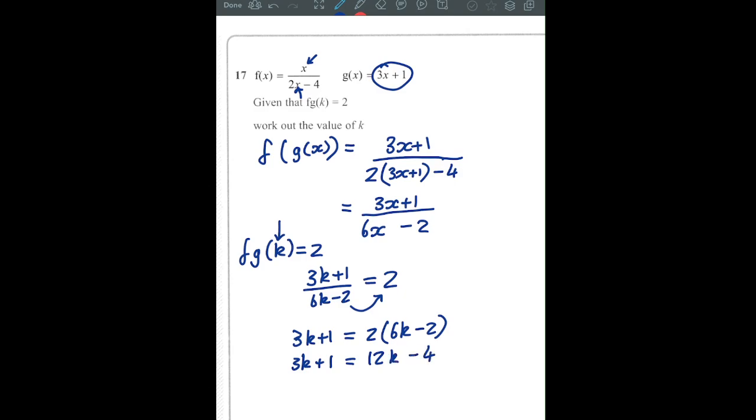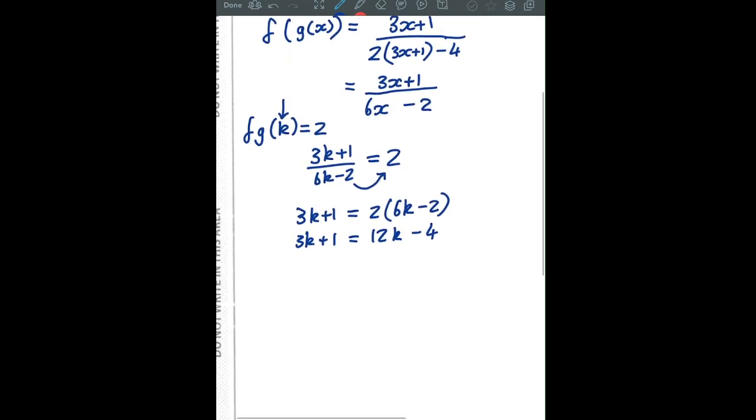Minus 4. I now have k on both sides. I don't like that, so let's fix it. I'm going to take away the smaller amount of k, the 3k. So 1 equals 9k minus 4. Well, now I just need to undo the layers. Let's get rid of the 4. Let's add it to both sides. 5 is 9k. Let's get rid of the 9.